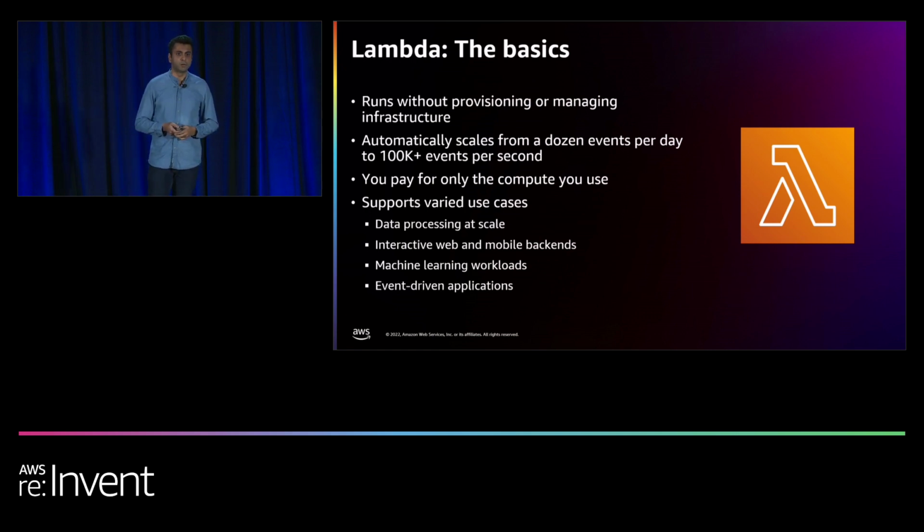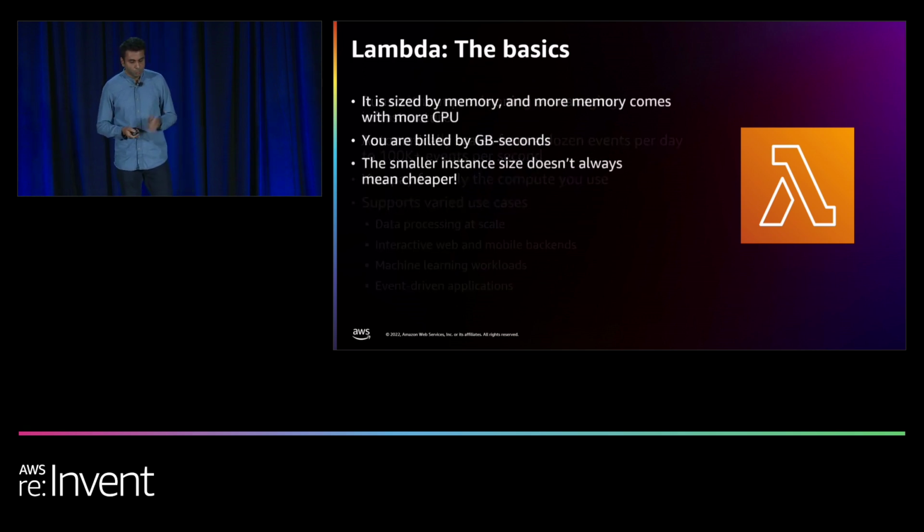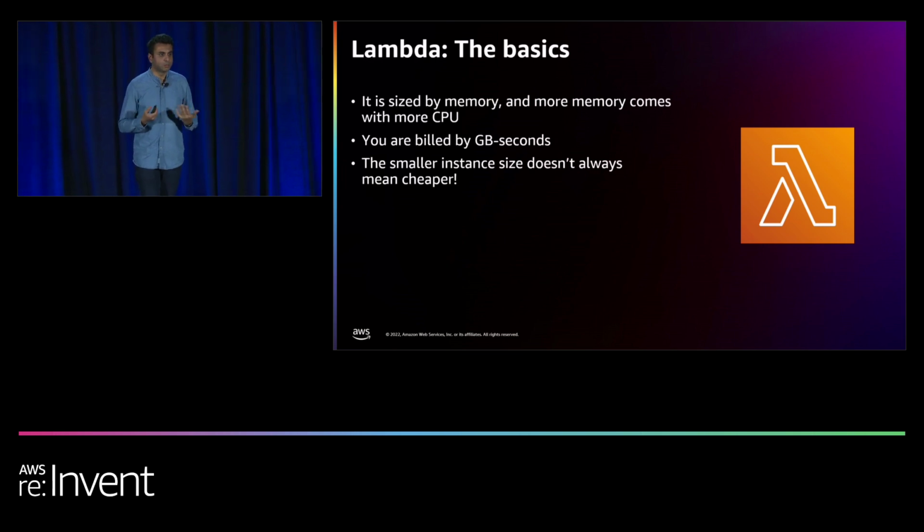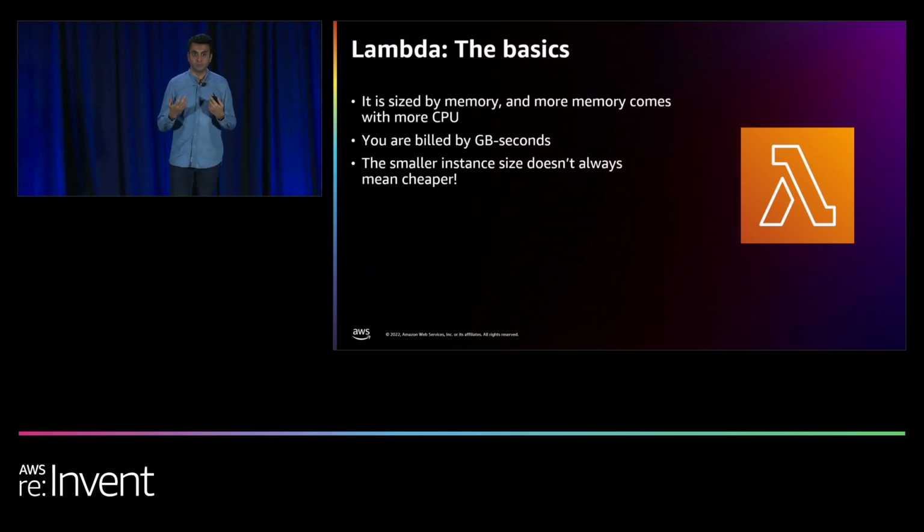You could probably spin up Lambdas for almost anything. But one thing I do want to cover is how Lambdas work, right? And why it is important to improve performance of Lambda.